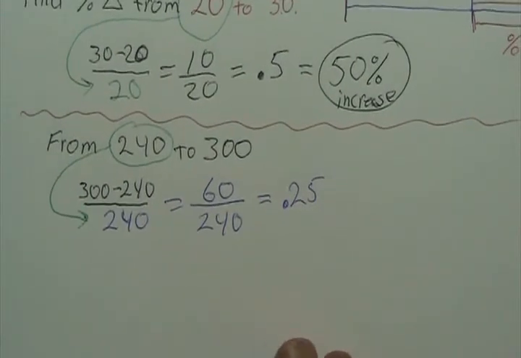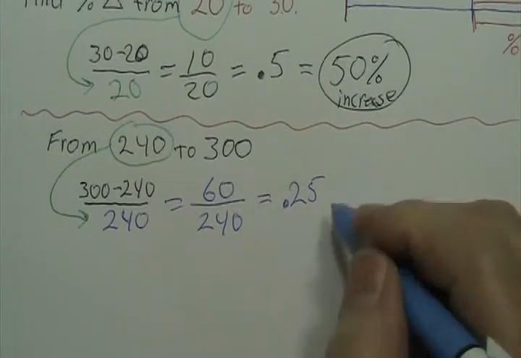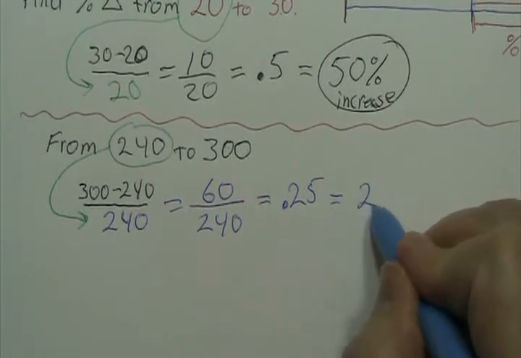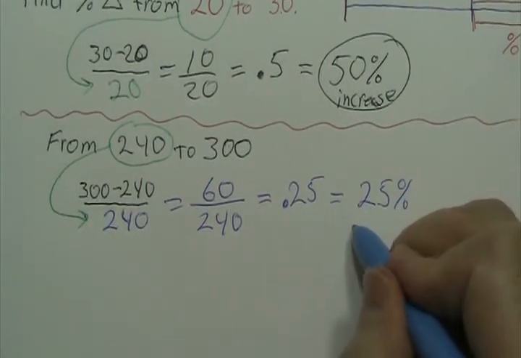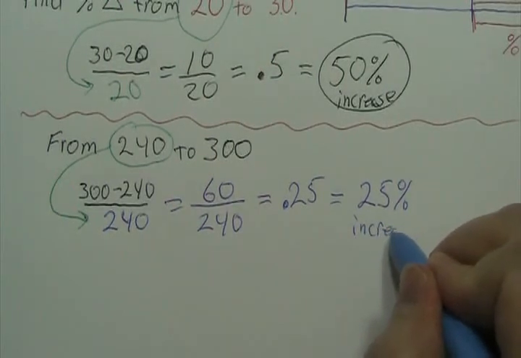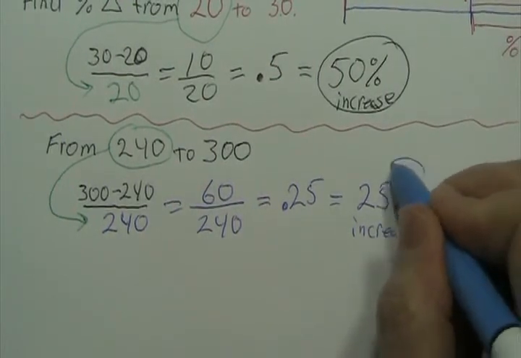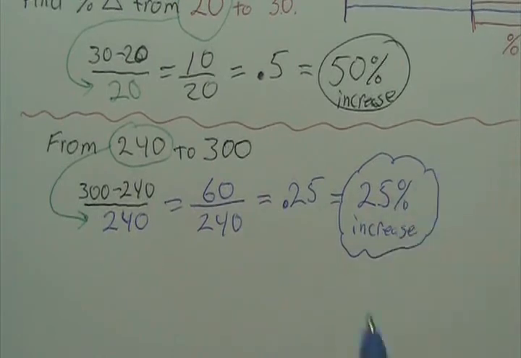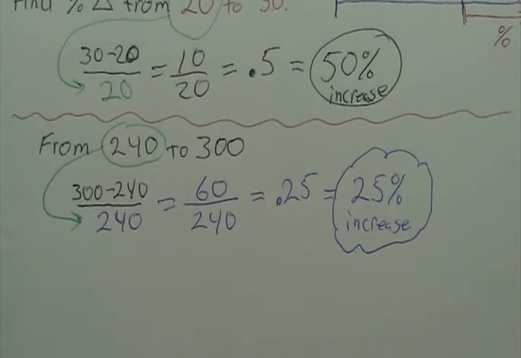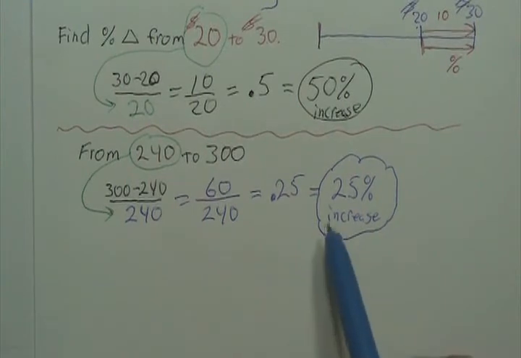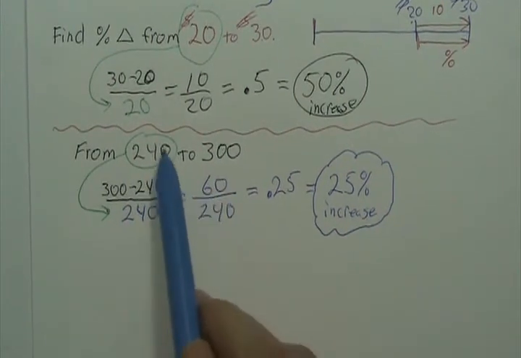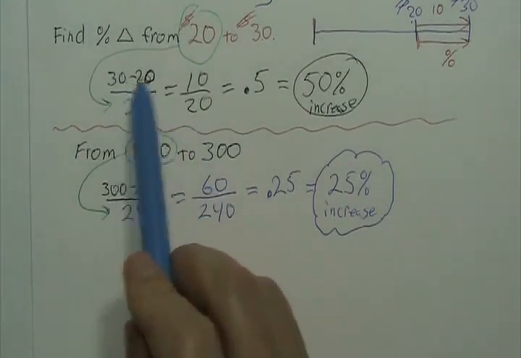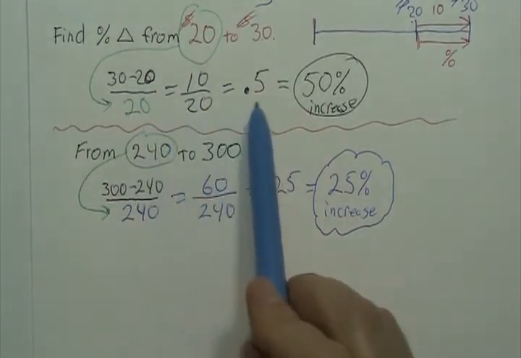Okay, what percentage is that? I move the decimal over 2 spaces. It's 25%. Okay, that was a 25% increase. All right, so again, you find the difference over the starting number, right? The difference over the starting number.